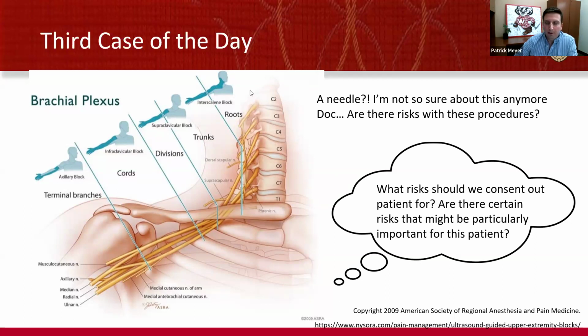So an interscalene block, one of the options for a brachial plexus block, targets the roots, mainly the C5 root here, and you get some spread down a little bit. But when you inject there, you typically get C5, 6, sometimes 7. You often don't get spread all the way down to consistently get C7, T1.